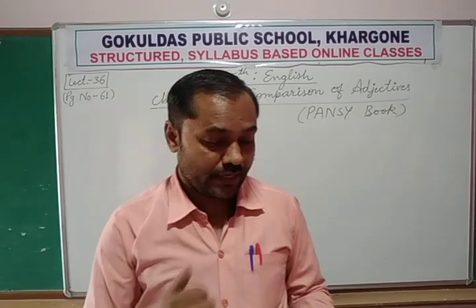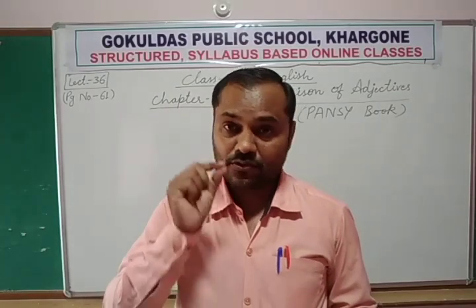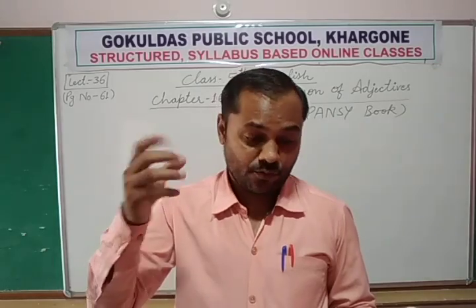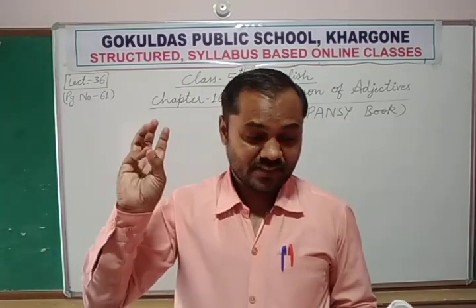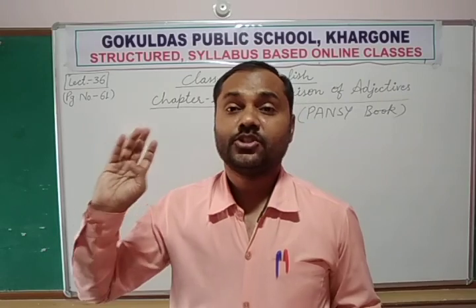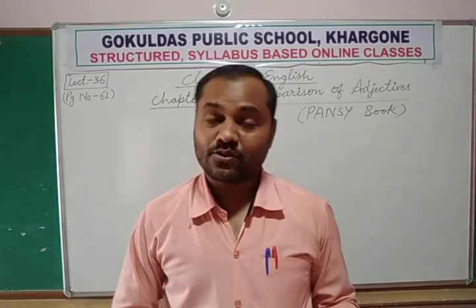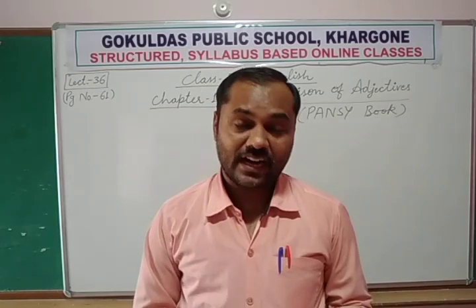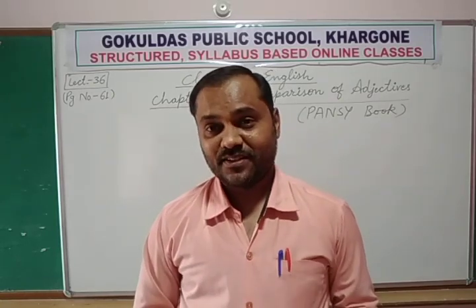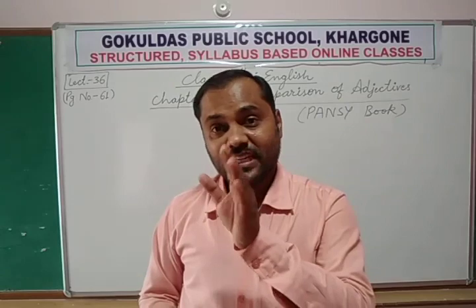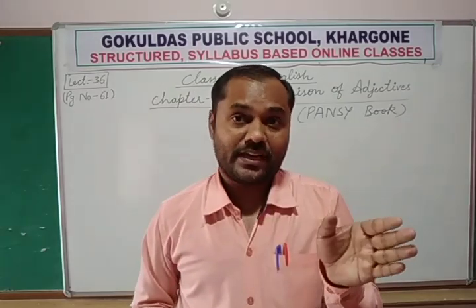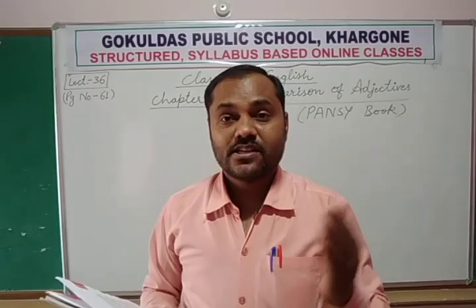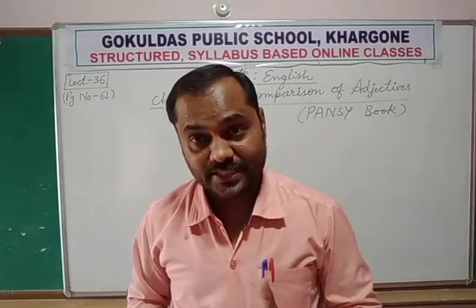So what do we find here? If you observe these three sentences, you will find three highlighted words: tall, taller and tallest. This is the main difference. These are all adjectives, but there is a little change in their spelling and pronunciation: tall, taller and tallest.